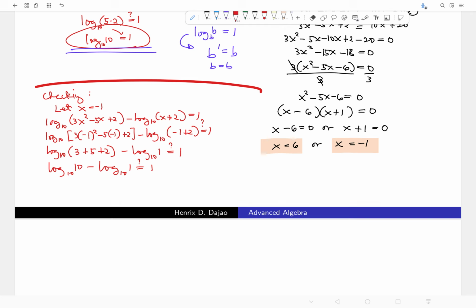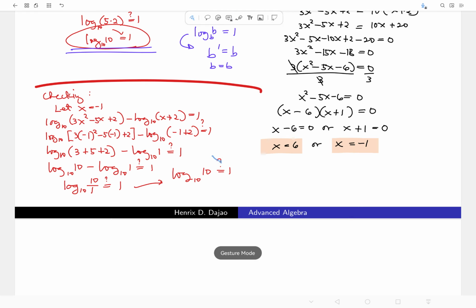We can combine the left side as one logarithmic expression. So this becomes log 10 over 1. Is it equal to 1? Just continue. So log 10 divided by 1 is 10. Is it equal to 1? Yes. Log 10 with base 10 is indeed equal to 1. That's actually a property, if you can still remember.